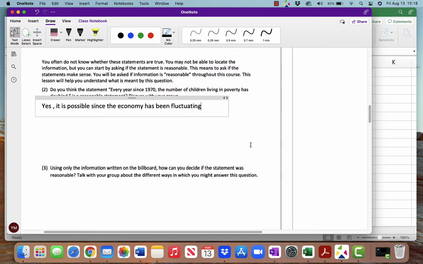It's going up and down, and therefore poverty has been increasing as the economy has been going down at some times since 1970, and as the economy is going down, so is the number of people living in poverty. So that could be true, right?